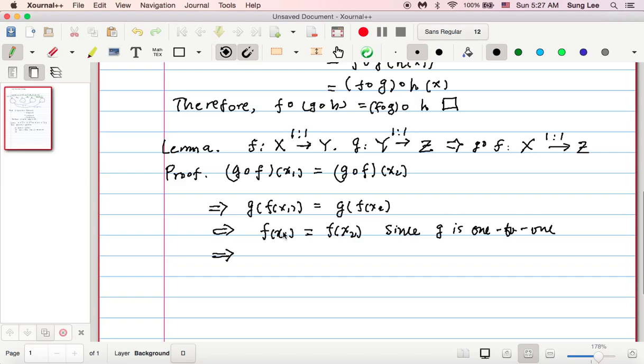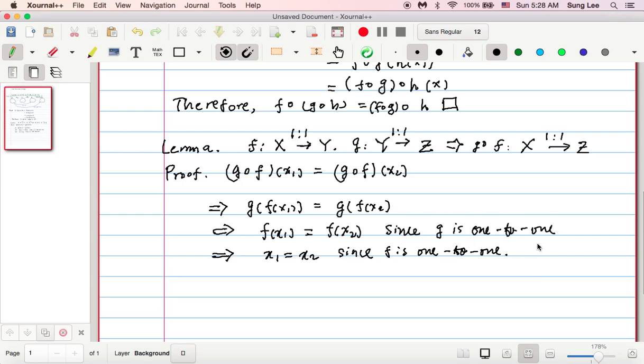Since these two are the same and f is one-to-one, the pre-images x1 and x2 have to be the same, since f is one-to-one.